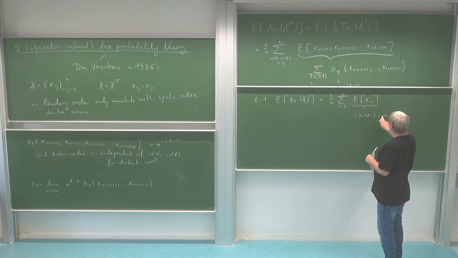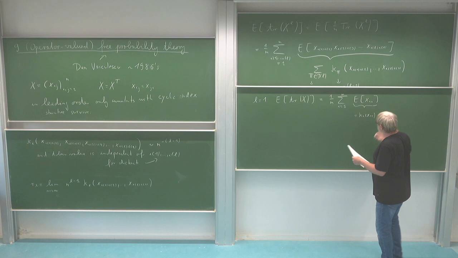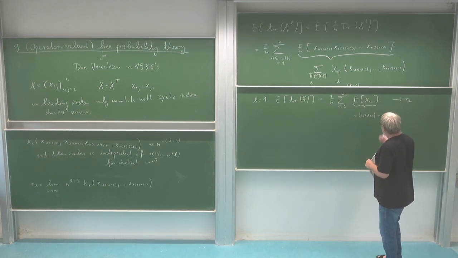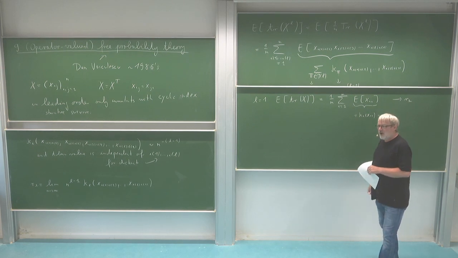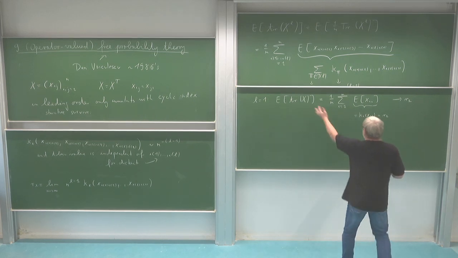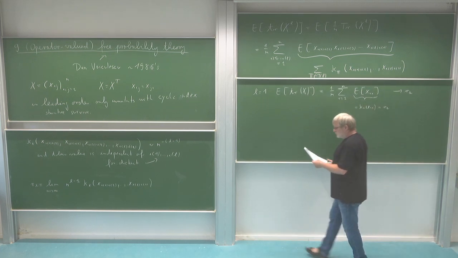All those guys are 1, I sum over them n times, but I'm also dividing by n. So this here really just gives me an R_1. I just see the contribution of the first cumulant of my entry on the diagonal, which of course is the same as the moment on the diagonal. So the first moment is R_1. This is not too surprising.